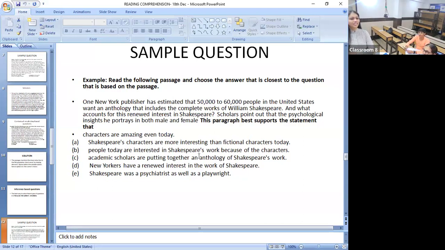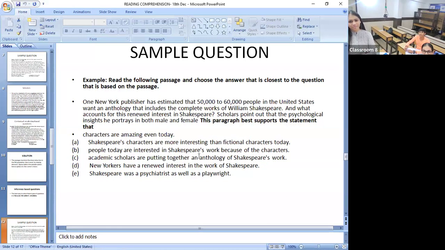Okay, let's have her read the passage here. One New York publisher has estimated that 50,000 to 60,000 people in the United States want an anthology that includes the complete works of William Shakespeare. And what accounts for this renewed interest in Shakespeare?